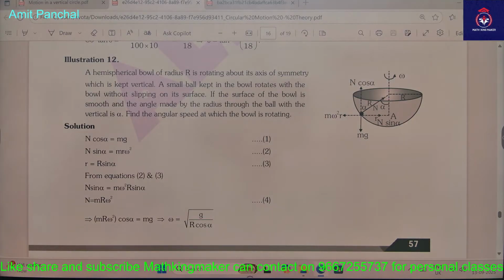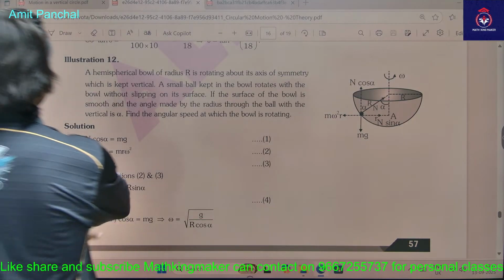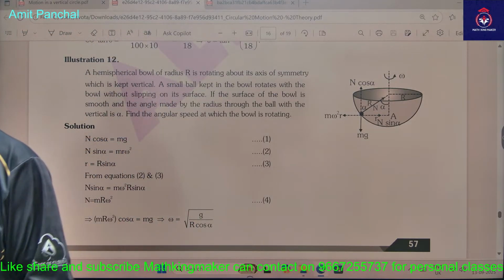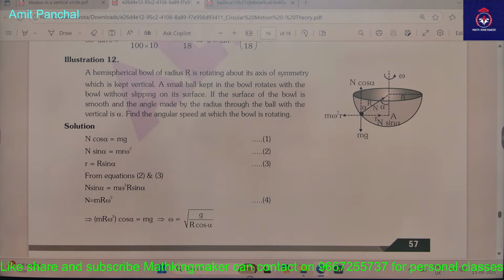Don't think about where this n cos alpha and sin alpha come from. Don't think about the solution before doing it, try it first. Okay, it is more than 2 hours, so I think it is sufficient today.